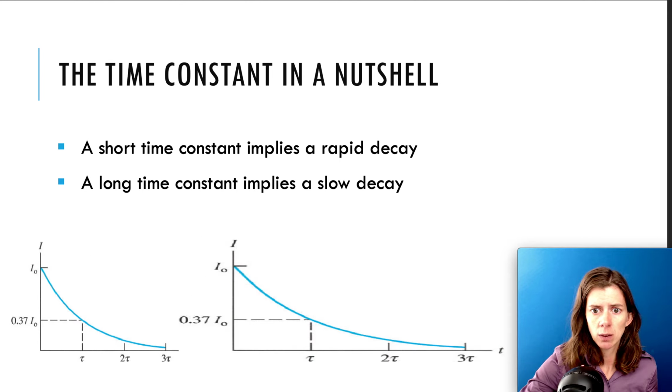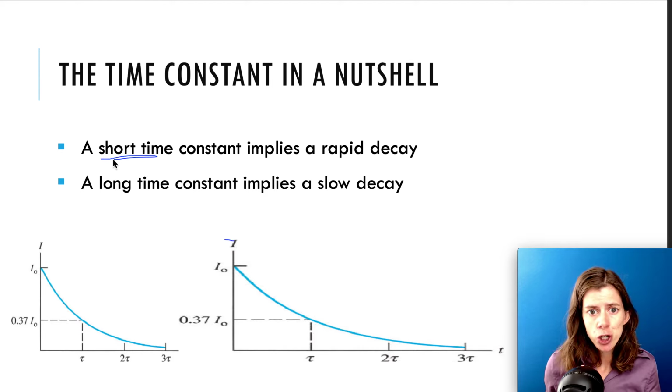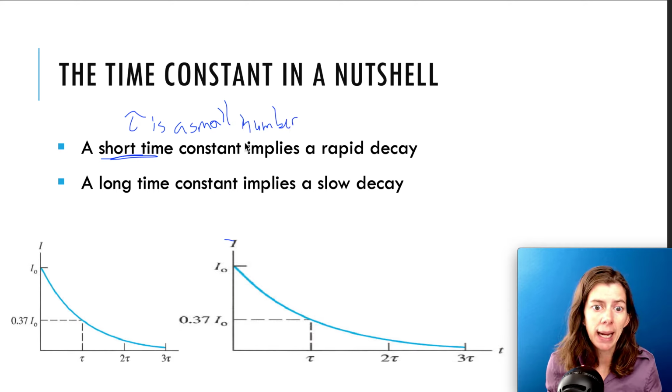Let's summarize this time constant concept. If you have a short time constant, that means tau, which is R times C, is a small number, and that means you have a rapid decay. In this short amount of time, you're already down to 37% of your maximum charge or your maximum current. The equations are the same.